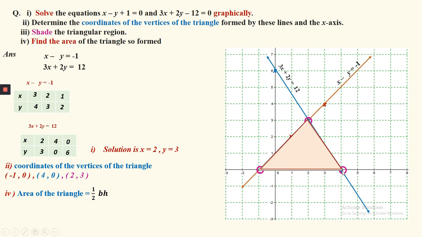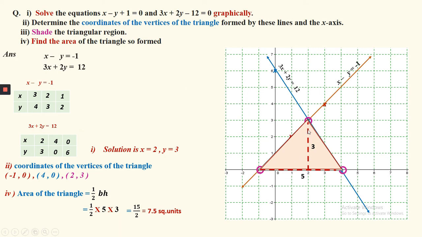This is actually 4 units and 1 unit to the left. So totally 5 units. Now the height of this triangle is the perpendicular distance of the triangle from the third vertex. That is exactly this much, which is 3 units. And once we know the base and height, we can substitute and calculate. It comes to 15 by 2, which is 7.5 square units.